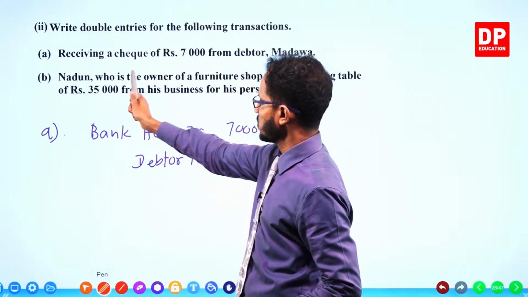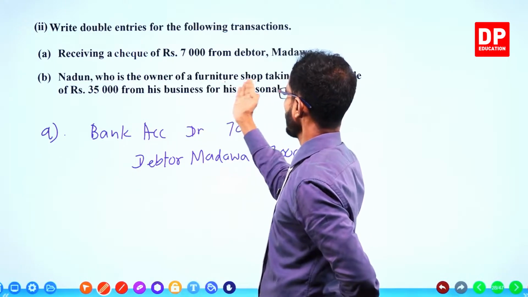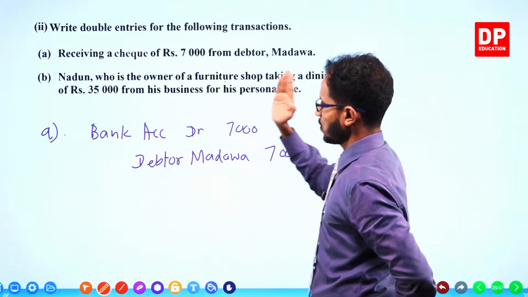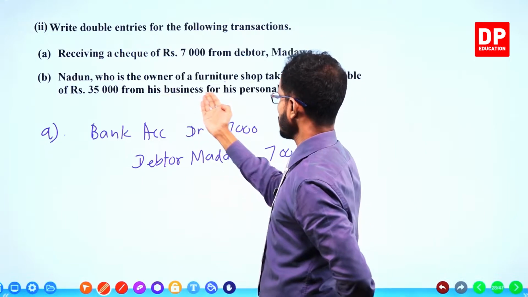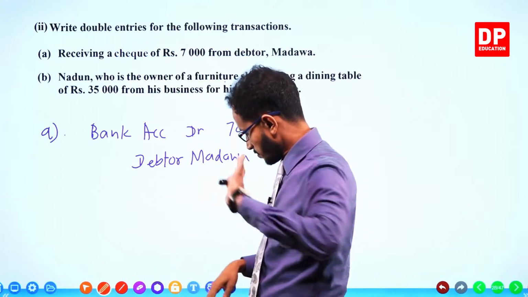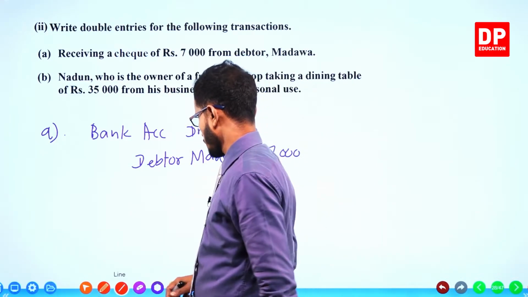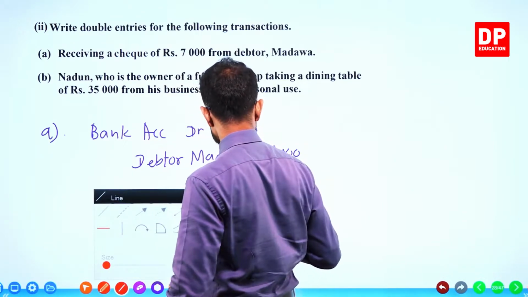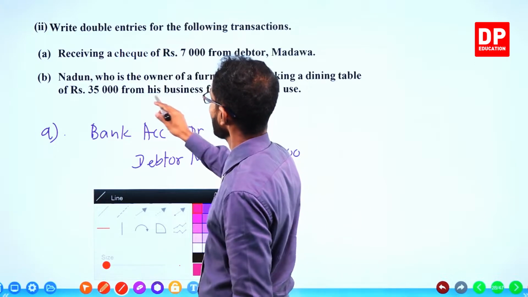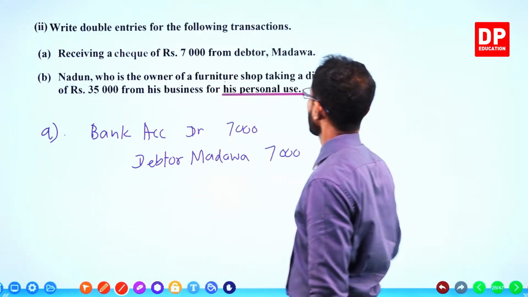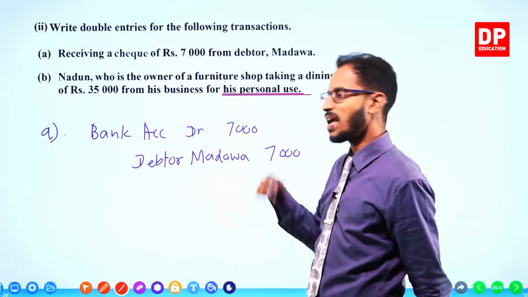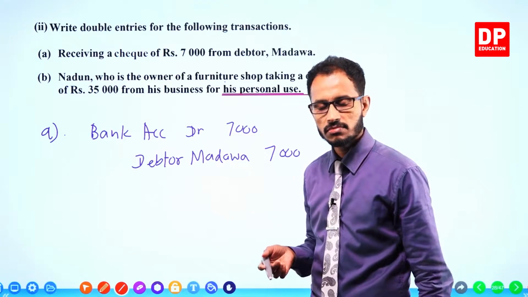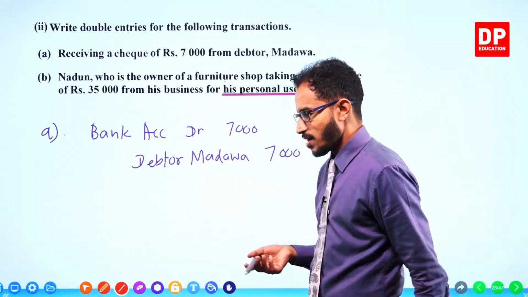Nadun, who is the owner of a furniture shop, takes a dining table of 35,000 from his business for personal use. The most damaging transaction for me, of course. I don't like drawings.